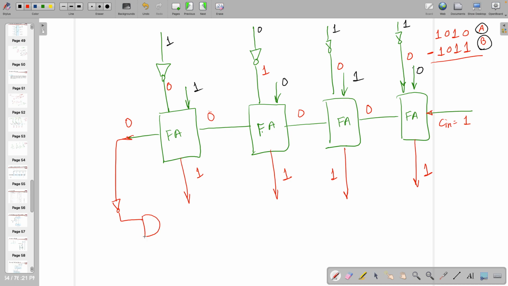Let's make some logic over here. I also have not thought about it, but if this carry is 1, right? If this carry is 1, then you have to take the 2's complement of this one. So how to take the 2's complement of this one? NOT and add 1, right? So add all of them. Okay, take the invert of all of them and add 1.